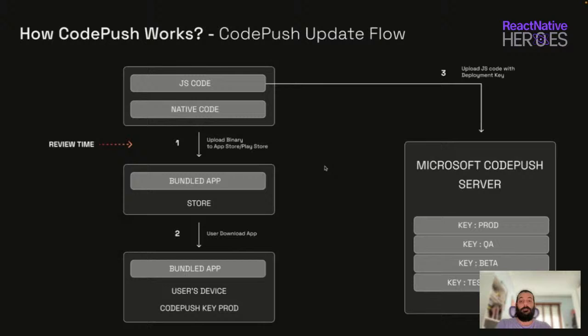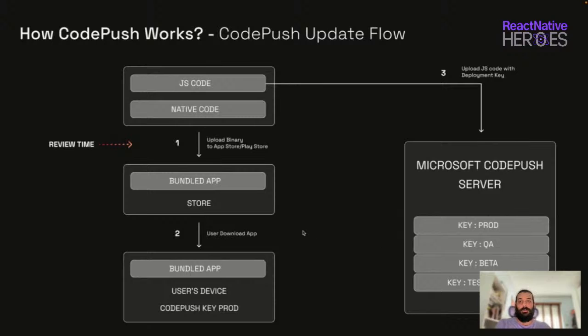Now, from your local code repository, you have to push only the JavaScript code with a deployment key to the Microsoft CodePush server. This server is going to house your JavaScript code depending on whatever key you pass in, in different code repositories. In this server, we could have different variants for the same bundle, and each variant is identified by a key.